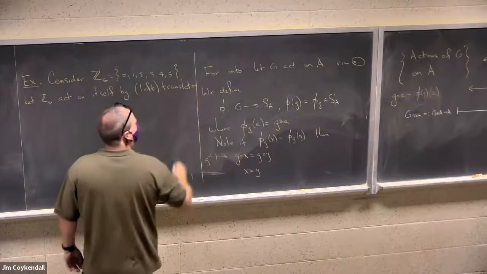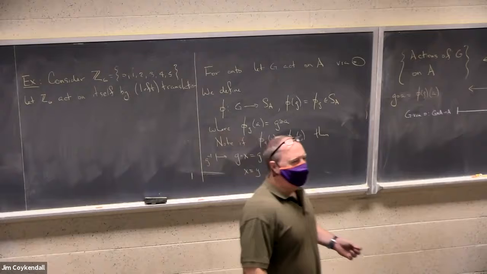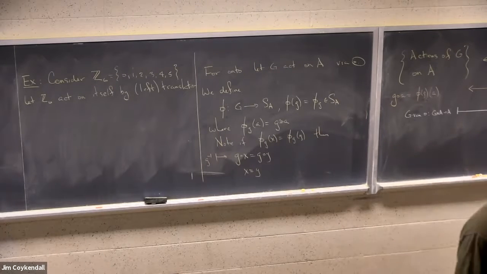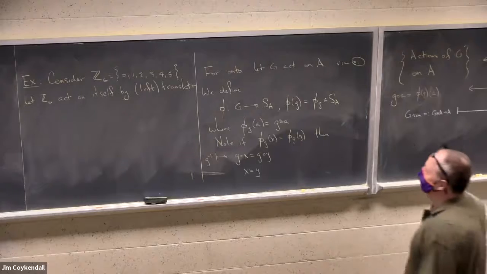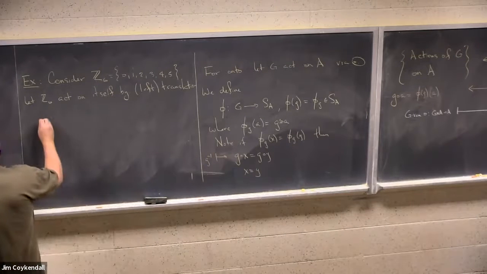What if these things act on itself by left translation? I put left in parentheses because this group is abelian and my operation is addition. Let's see what happens.